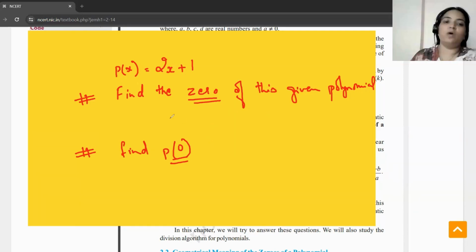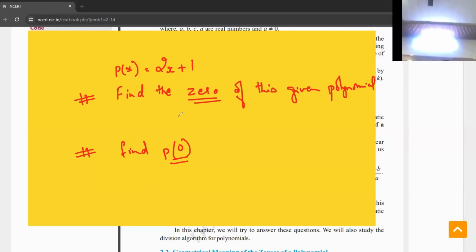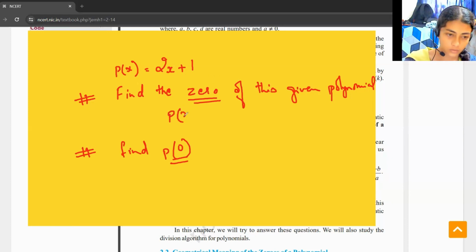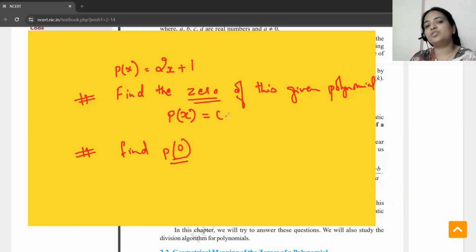Okay. Chalo, Abhi, Arnav, what are you saying? Is it same or different? If it's different, okay, different. So, everyone find it out for me. Find the zero of this polynomial. How would you do that? -1/2. You will write P of X equals to 0 here.